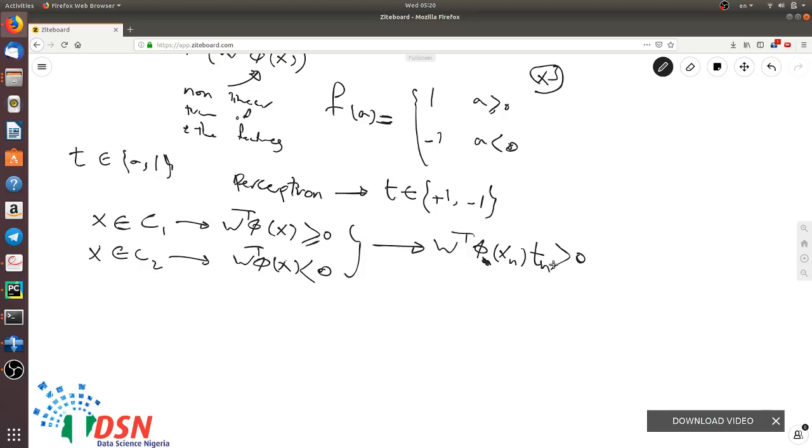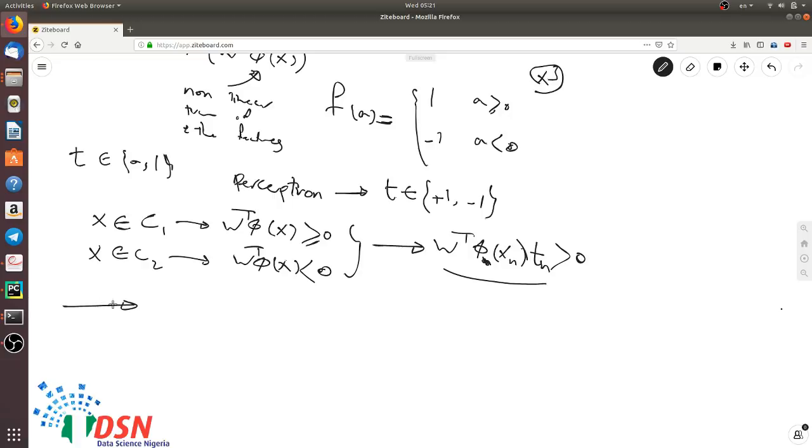If it belongs to class 1, the target is +1 and we want this term greater than 0. If we have data in class 2, then we want this less than 0, and the product between this one and this one would be positive, because the target is -1 and this is negative, so the multiplication is positive. So for all patterns we want this condition.